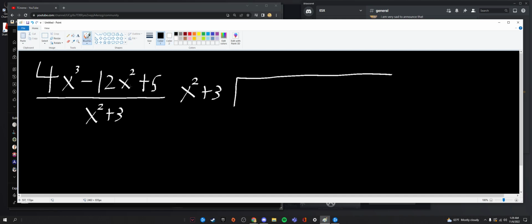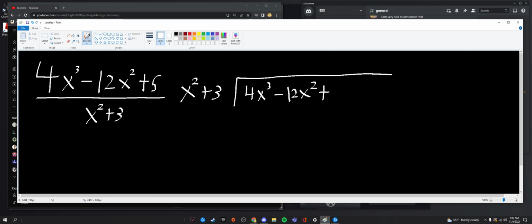Now, that's all cool, but when we do polynomials, it's a little harder, but the idea is still the same. So let me just write this down. 4x cubed minus 12x squared. When we do polynomial division, we always want to have every power from the highest degree descending down to our constant.